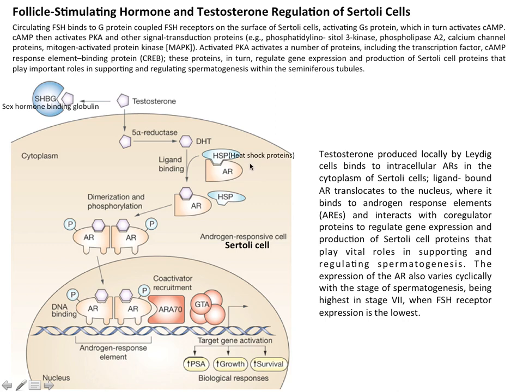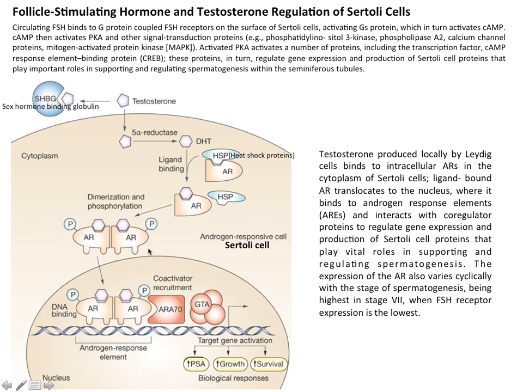So here you can see the androgen receptor which is stabilized by the heat shock protein. Once this testosterone comes inside the cytoplasm, this HSP is detached from the androgen receptor, and this testosterone binds to the androgen receptor. And then dimerization and phosphorylation of this receptor takes place.